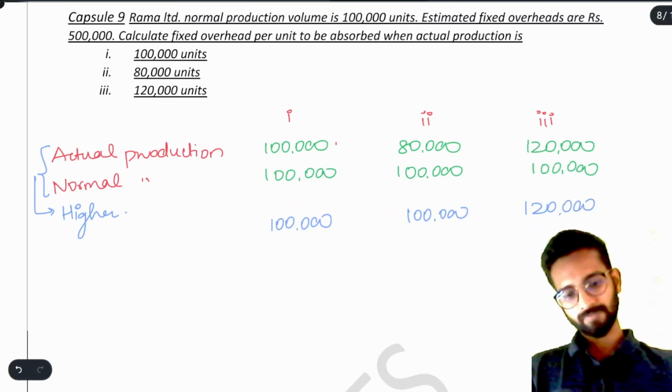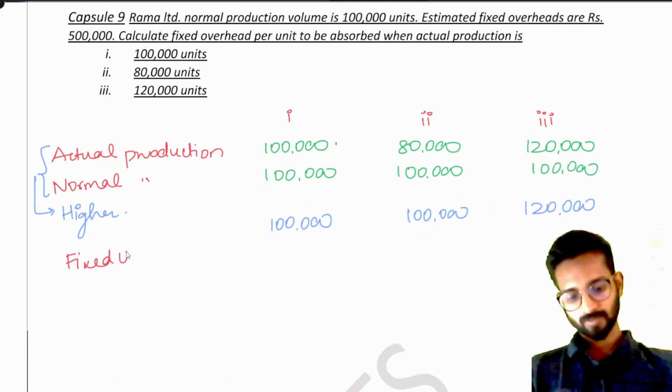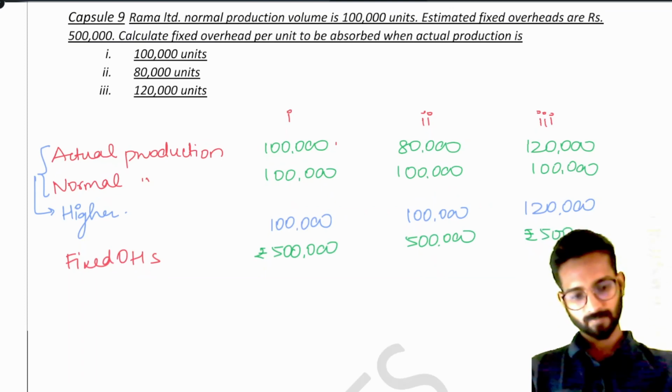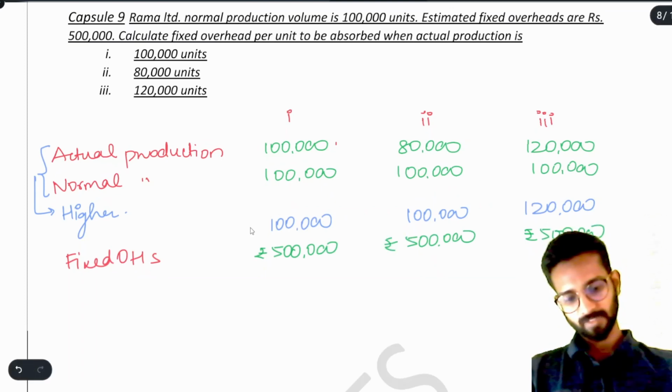Because we have to calculate fixed overhead per unit. See, fixed overheads are how much? Fixed overheads are 5 lakh rupees in each case.